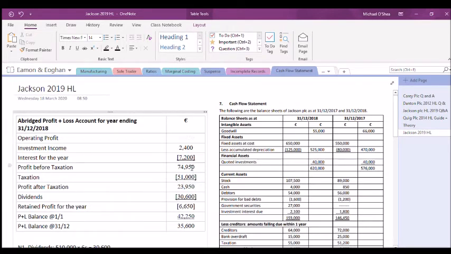My last two figures here, I usually take away interest, but I'm going to add it. I'd usually add investment income to my figure up here, but I'm going to take it away from this figure here. And the figure I'm left with is my top figure, my operating profit. Again, always double check. Now we can work our way down and it makes more sense in our head.